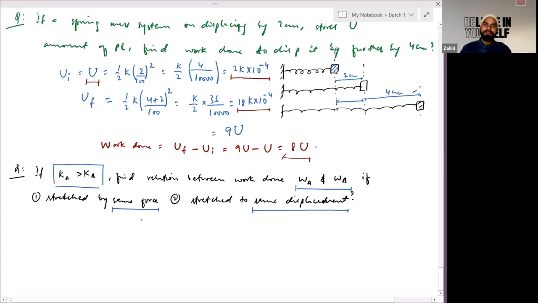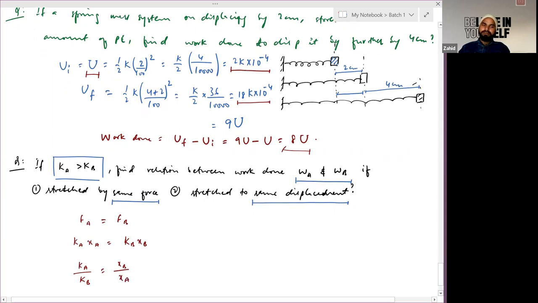Just see how to solve it. In the first part, the same force is applied, so force on A equals force on B, as force is equal to spring constant times displacement. Similarly, spring constant times displacement. Moving Kb to the other side, you get Ka divided by Kb equals Xb divided by Xa.